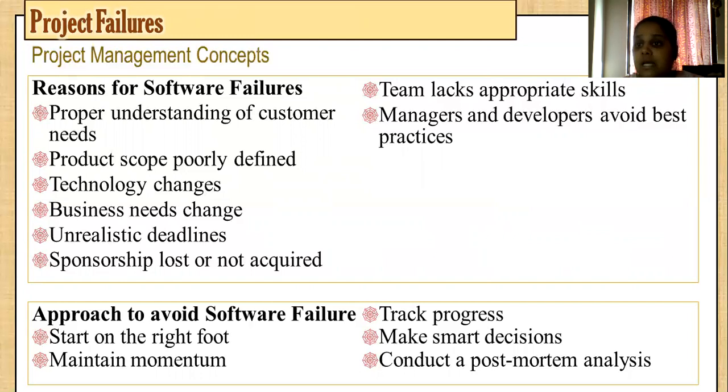You should be able to recorrect it, and you should take care that you are not repeating the same mistakes again. Okay, so that was all about software project management concepts through software planning and through project failures.